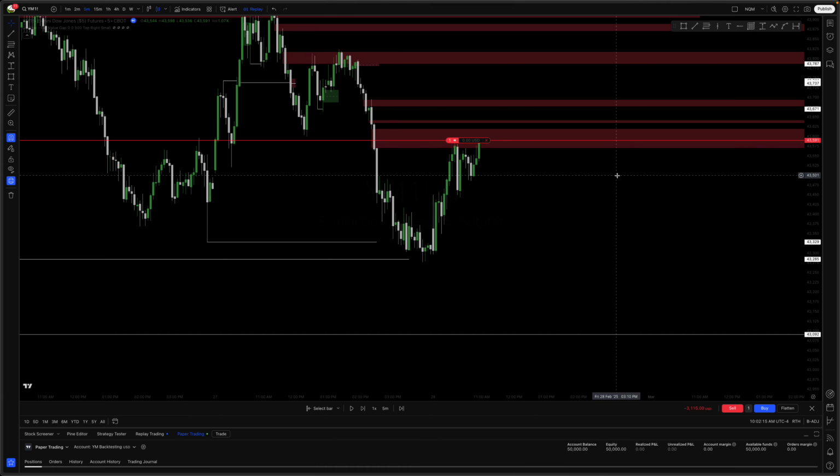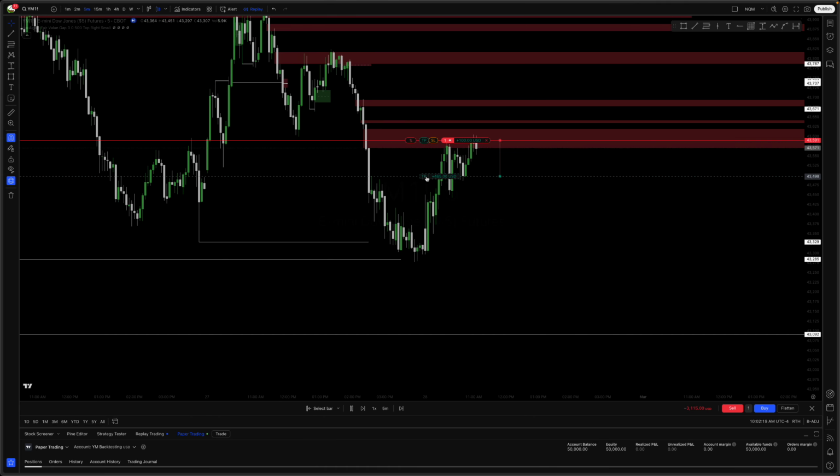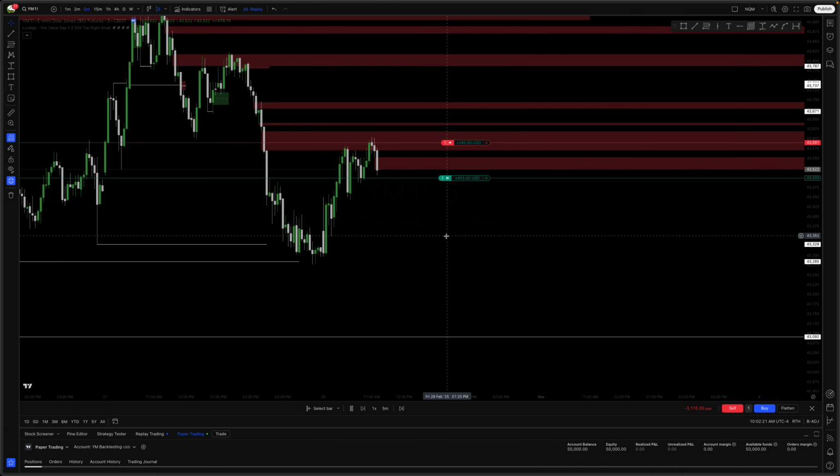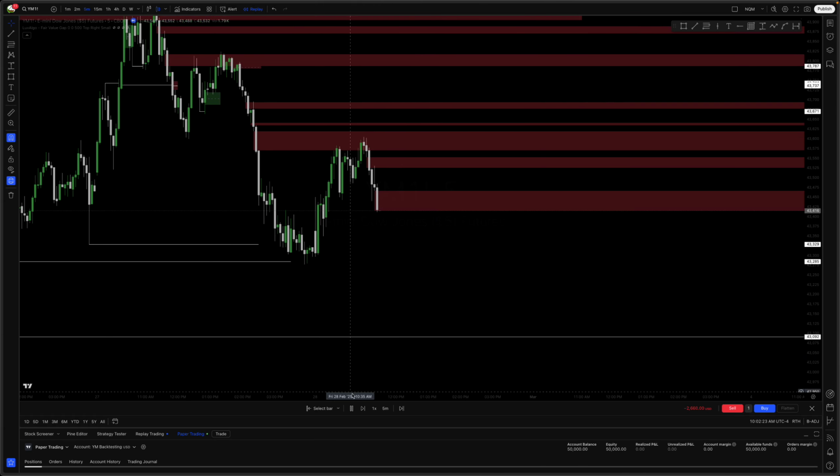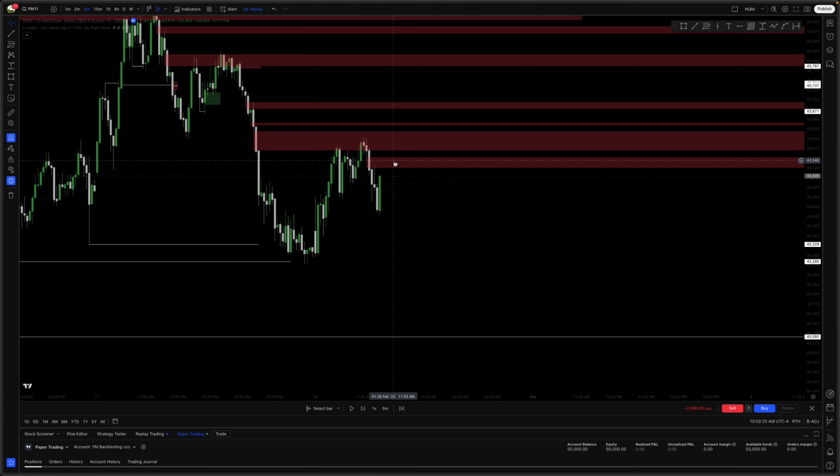Need buy side delivery on this side. Sounds good. I'm gonna wait. Take another shot here. I'm gonna take one more candle. I wanna take a shot off of this fair value gap.